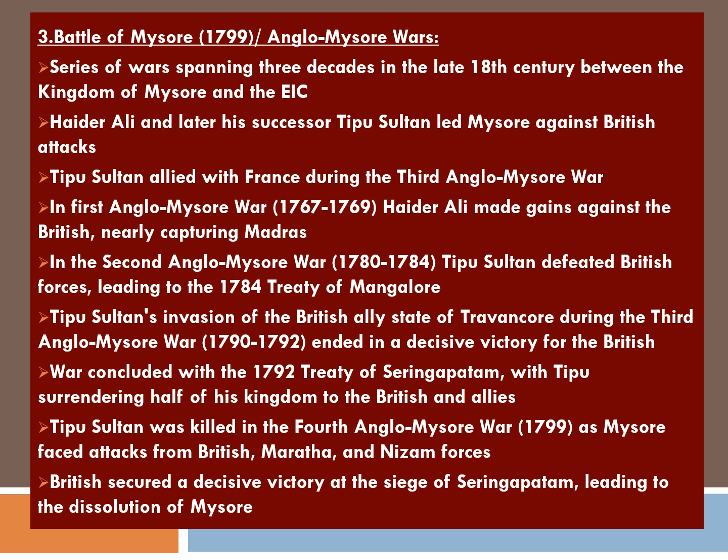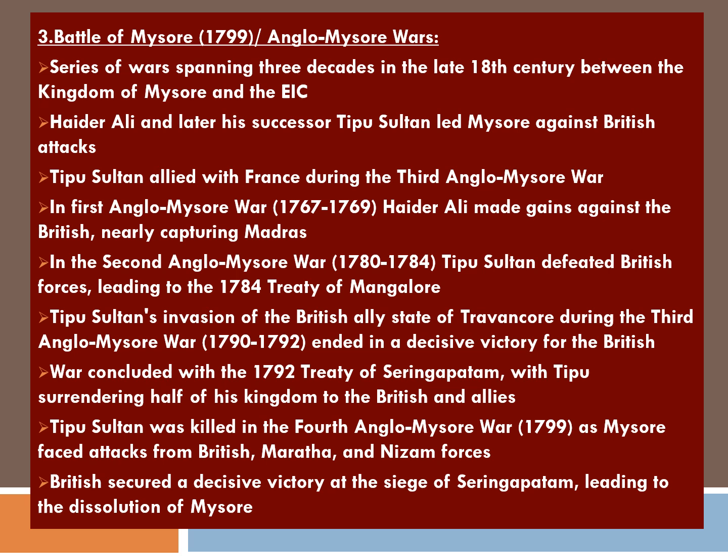Tipu Sultan allied with the French during the Third Anglo-Mysore War. In the Anglo-Mysore Wars, Hyder Ali made gains against the British, nearly capturing Madras. In the Second Anglo-Mysore War, more intense battles occurred with outcomes shifting unpredictably.